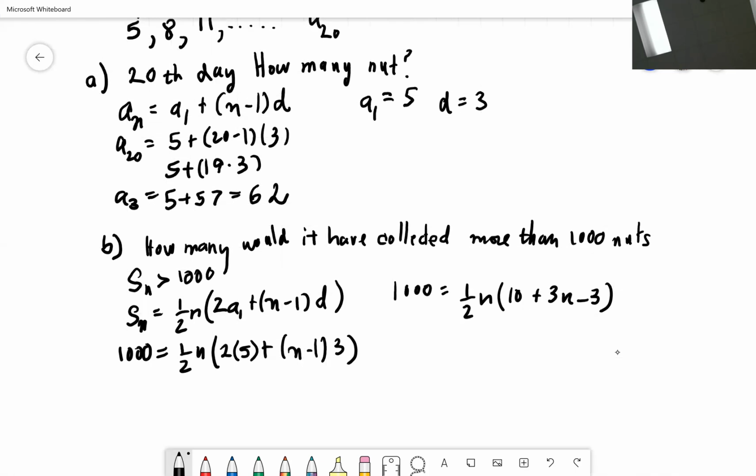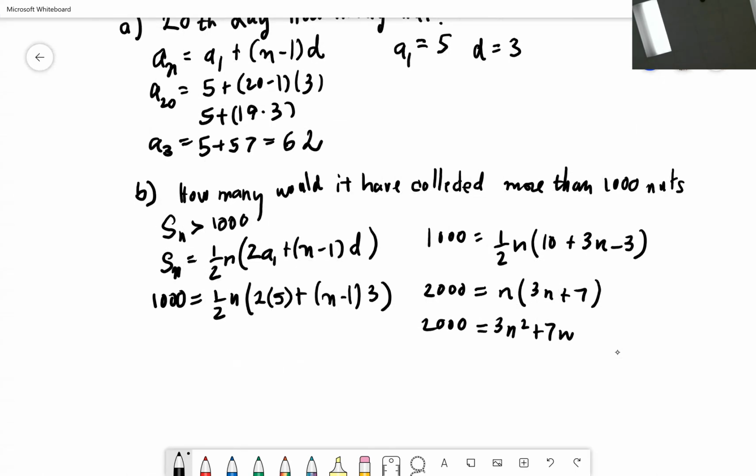And so you have 2,000 equals n times 3n plus 7, if I'm not mistaken. So you have now 3n squared plus 7n equals 2,000.